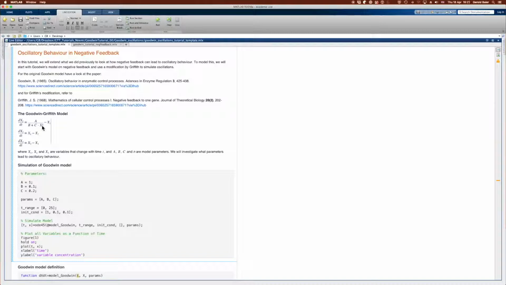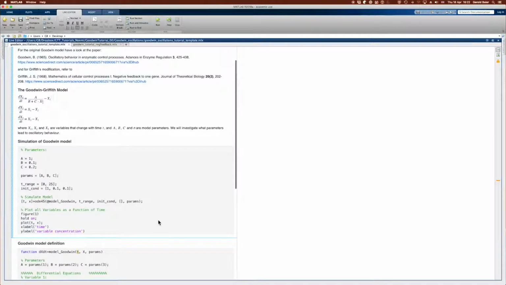And what we want to look at in this video is how changing n can lead to oscillatory behavior.